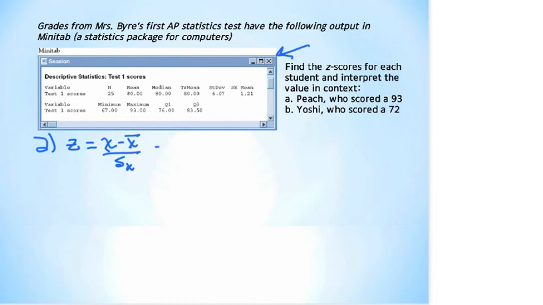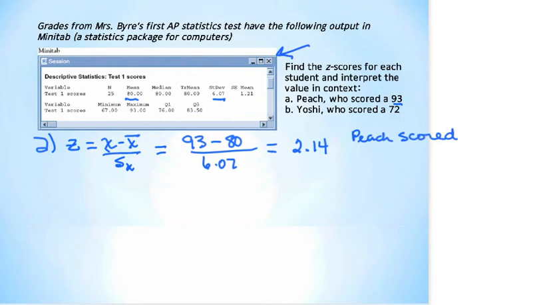So Peach has a 93 minus my mean, which is an 80, over my standard deviation, which is 6.07. With our handy dandy calculator, we find that is 2.14, and it's positive. So Peach scored 2.14 standard deviations above the mean.